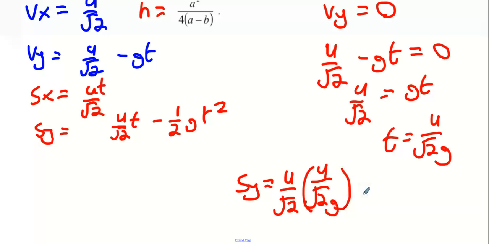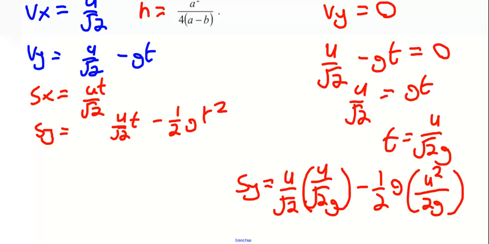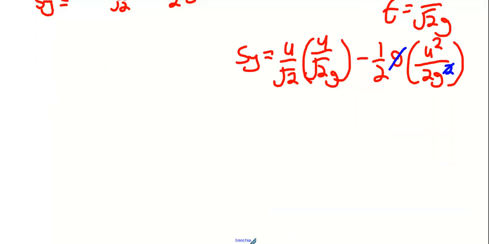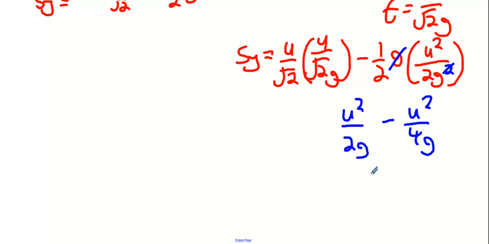Not really. And g, square that out then. u squared all over 2g. Now the g squared, right? So that g cancels with that. Now it's u squared over 4g. And this one's going to be u squared over 2g.